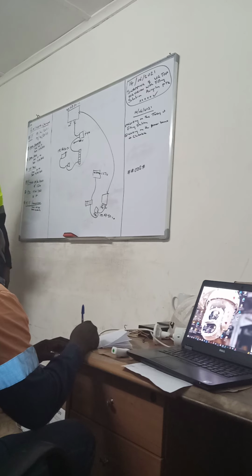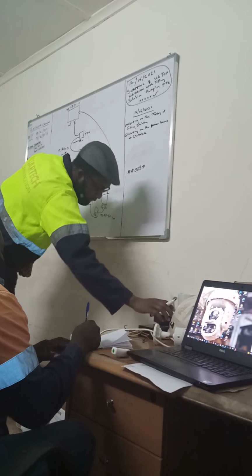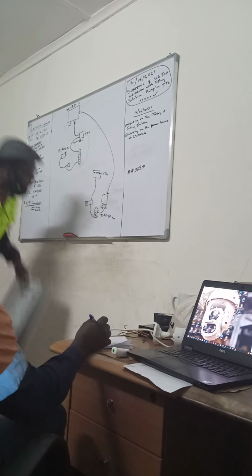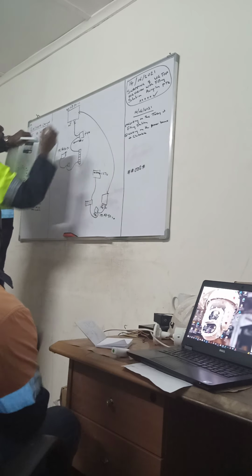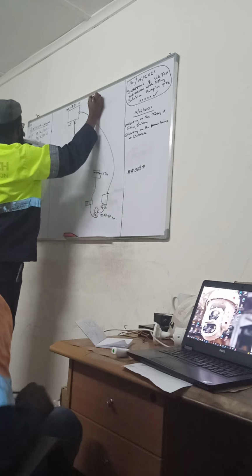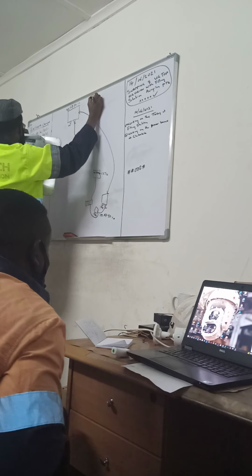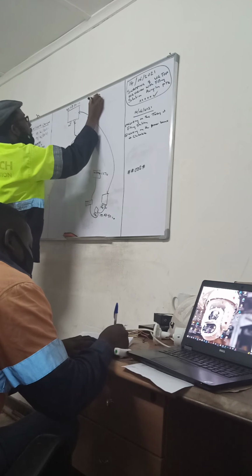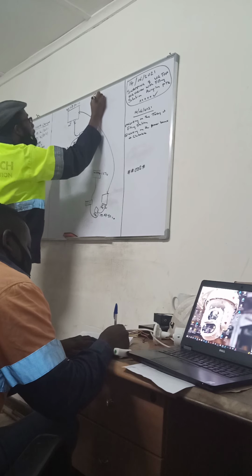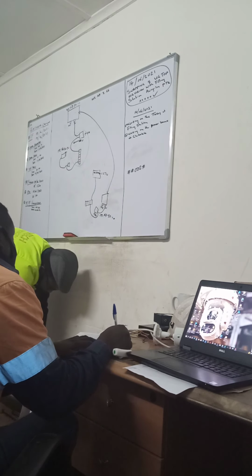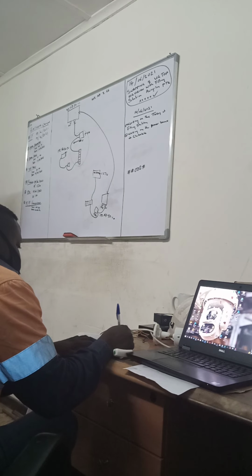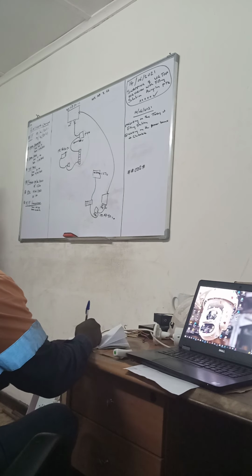So by default, these radios come with an IP, which is 192.168.2.66. That is the IP that comes with the radio.